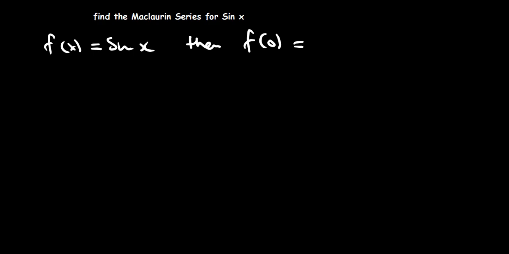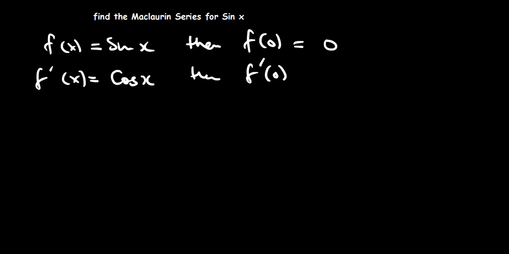But sine 0 is just equal to 0, so that will be 0. Then we have f prime of x, so we differentiate sine x and we just get cos x. Then f prime of 0: cos 0 is just 1. So this will give us 1.